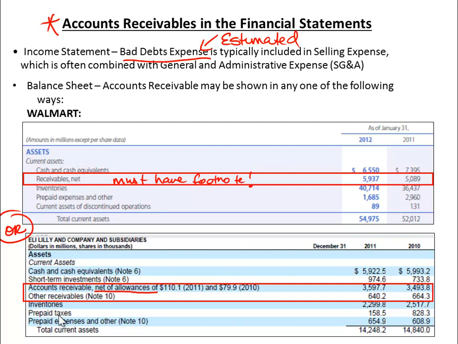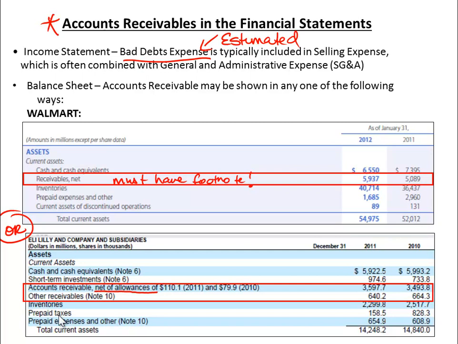So how did they compute receivables net? Whereas Eli Lilly shows accounts receivable net of the allowance, that estimate for bad debts, so it doesn't have to have the footnote disclosure. They do have to have footnote disclosure for other kinds of receivables. So notice other receivables is note 10.